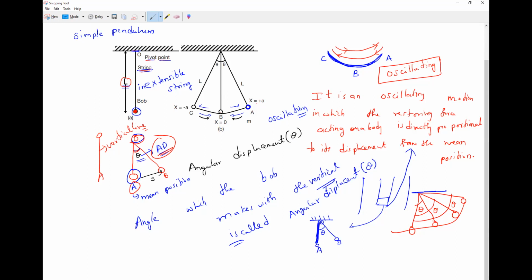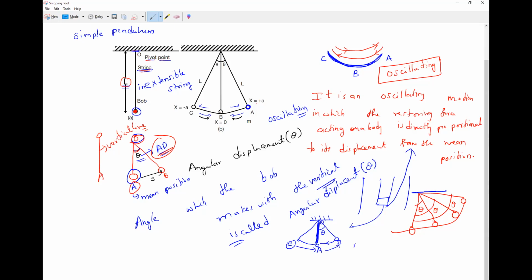Now I released. So the body is starting from which point, guys? B point. So it will go from B to A, and on this side it will come to the C point. And again it will go from C to A, and again it will come to the B point. So it started from B and it comes back to B.